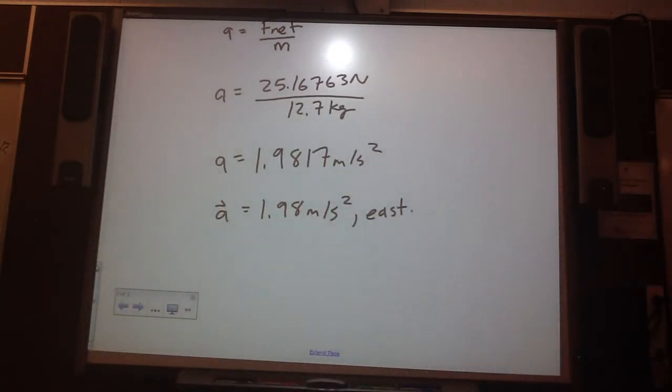So when you're doing these questions, if you feel comfortable and you like it better, you could substitute directly in. So when you knew that F net x is equal to F_app x plus negative Ff, you could say F net x is equal to F_app x minus mu Fn.